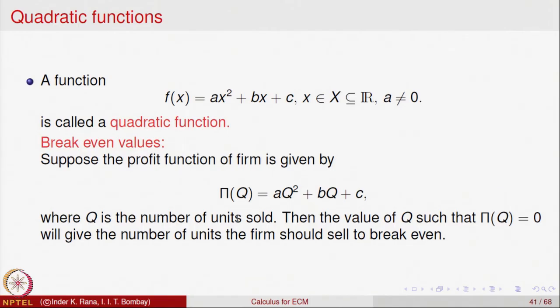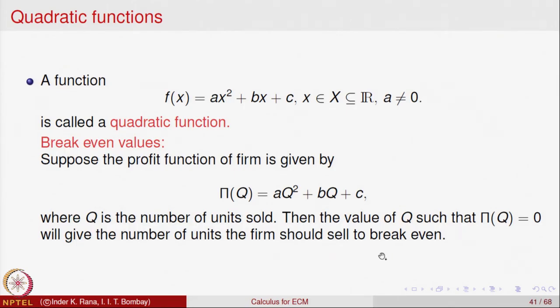The values of q where pi of q is equal to 0 are the values where the company will break even, where it is neither making profit nor making any loss. Such values of q, the number of units being sold, are called the break even points for the company, the break even values.